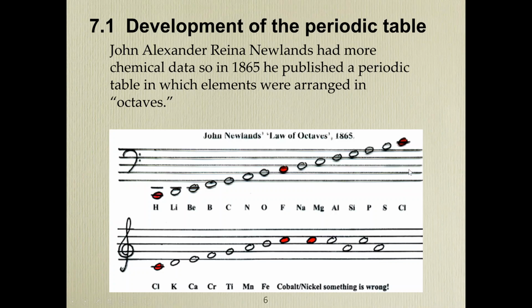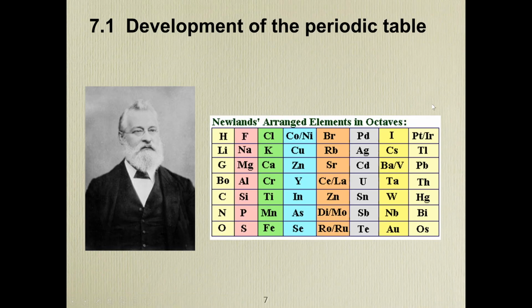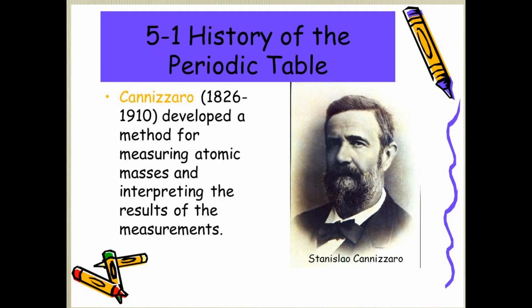So he noticed that if you arrange them by atomic weights, you could get these things called octaves. So anyway, here's this Newlands octaves. It turns out the scientific community totally rejected him as far as this and thought there was no rhyme or reason for any of this. So anyway, he was almost there with the periodic table.